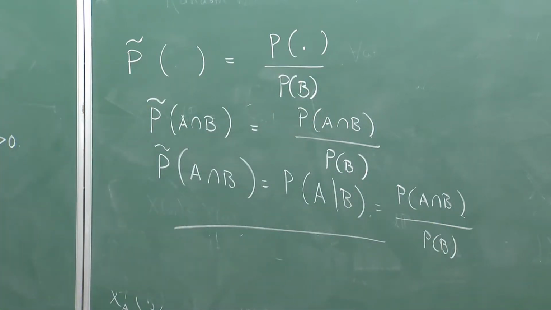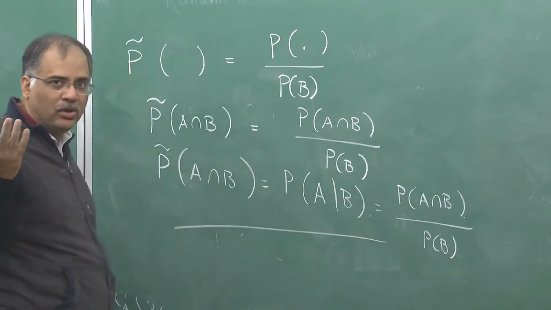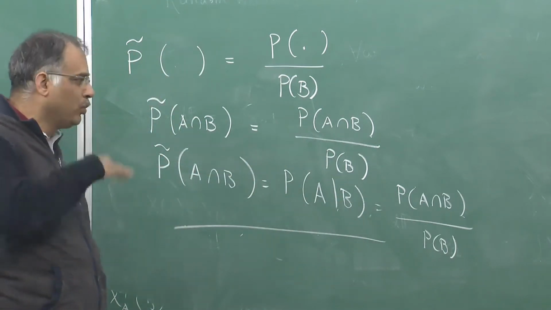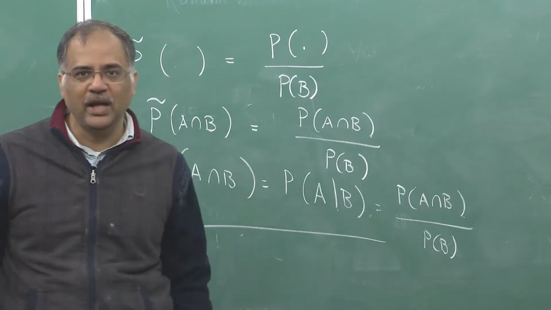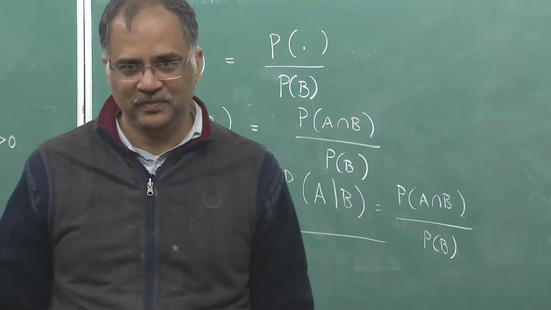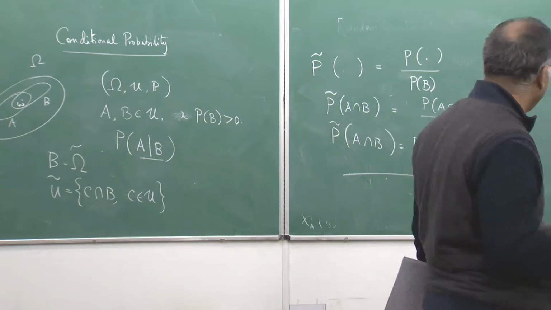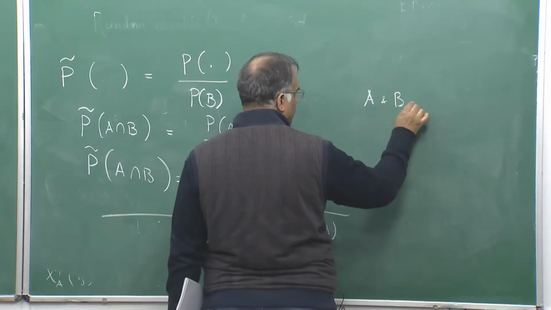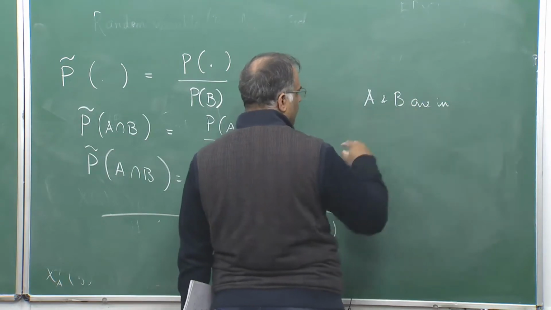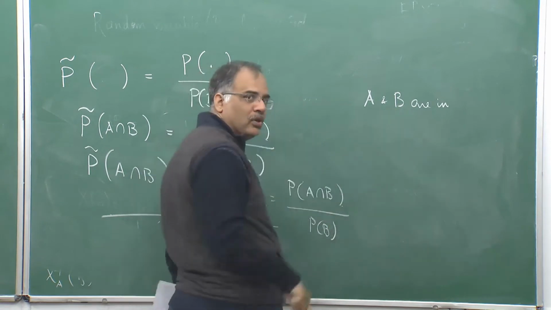Two events are said to be independent if it does not matter whether omega was in B or not. The probability that omega is in A is independent of the fact that omega has come up in B. That is the meaning of independence of two events A and B. So if two events A and B are independent, the probability of occurrence of one does not affect the probability of occurrence of the other.